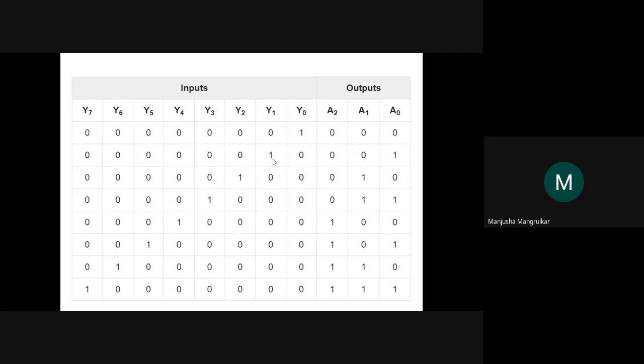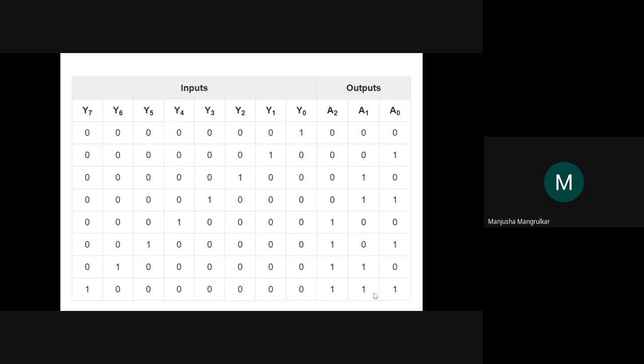Suppose my Y1 is activated, rest all are 0. That means A0 is 1, rest 2 are 0. Suppose my Y2 is activated and rest all are deactivated. That means 0, 1, 0. It's 2. It's 3. It's 4. It's 5. It's 6. And it's 7. If all my outputs are 1, 1, 1, that means my Y7 pin is activated, right?